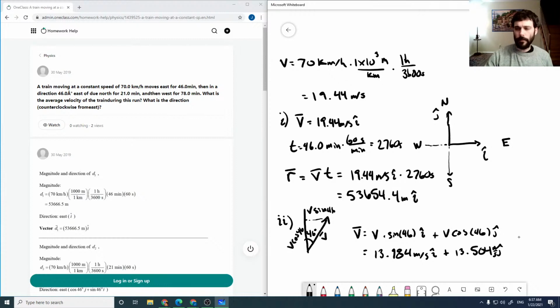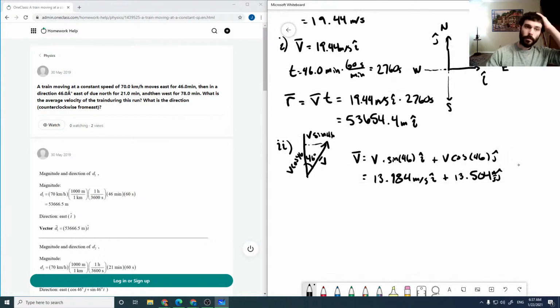Now the time I'm given for the second section is 21 minutes. Converting it to seconds is 1260.